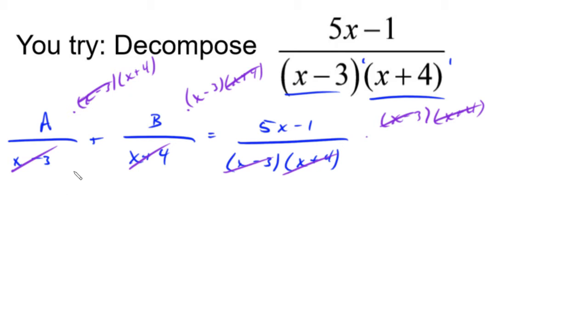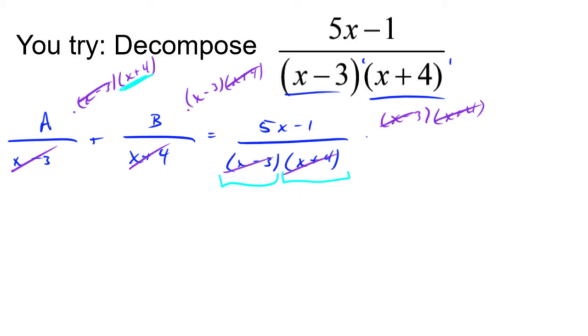What I think about in my head is, look, there are these pieces here, x minus 3 and x plus 4. A is going to gain the pieces that it does not have and lose the piece that it does have. If you look here, this canceling thing is always going to happen. It's always going to attach with the term that it did not have.